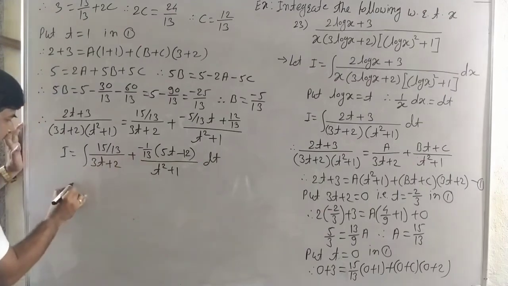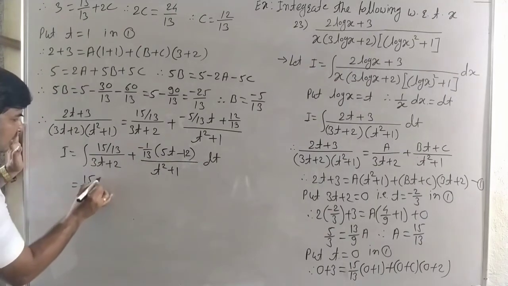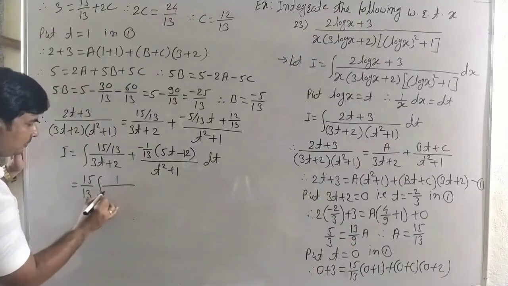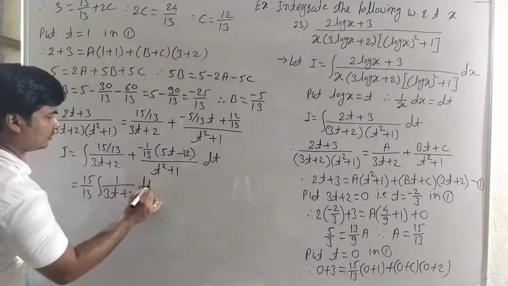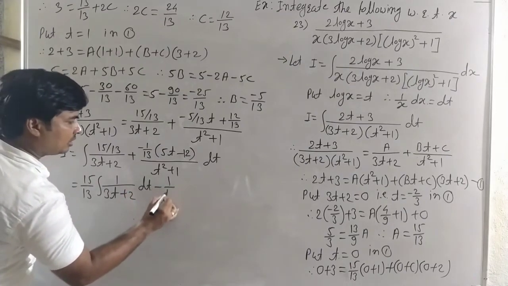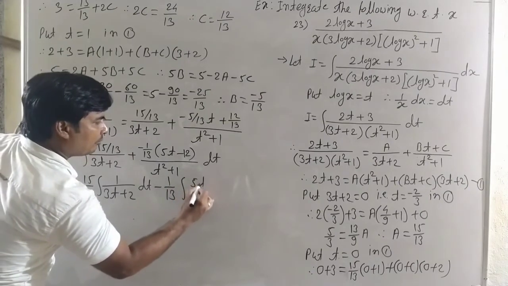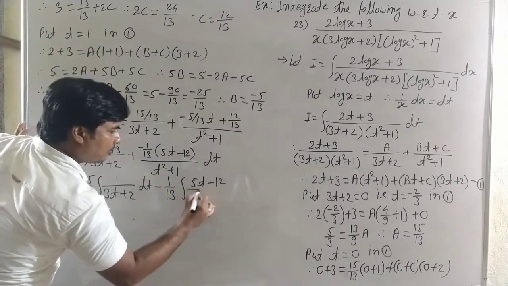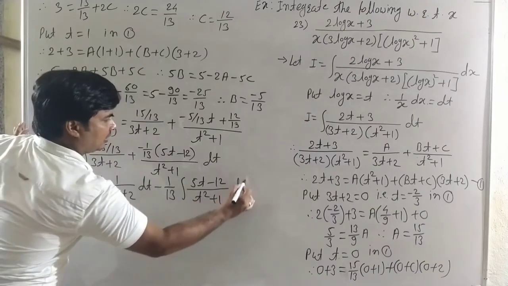Now we can separate the integral. It is 15 by 13 into integral of 1 upon 3t plus 2 dt minus 1 by 13 into integral of 5t minus 12 upon t square plus 1 dt.